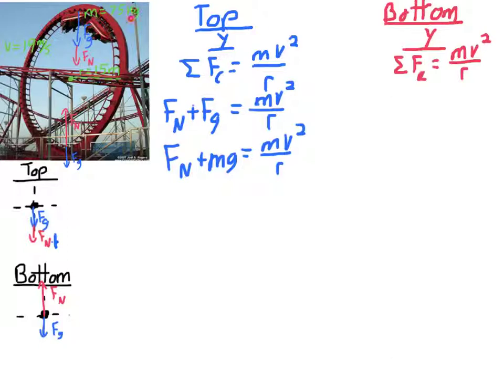And we're going to take the mass of a person, 75 kilograms, to see what their apparent weight is. So a mass of one person in this, 75 kilograms. The velocity I put up here at 19 meters per second, and the radius is 15 meters. 15 meters is the radius of curvature. So let's go ahead and work this around for normal force and then plug in some numbers.